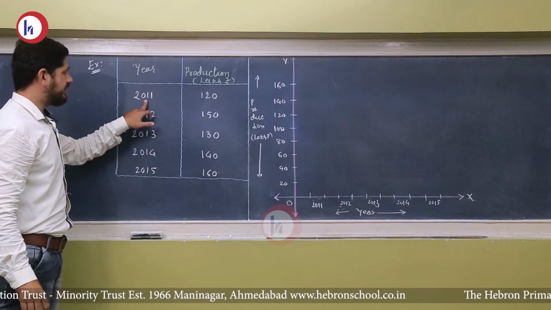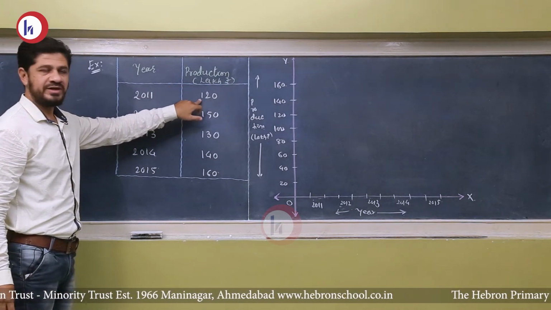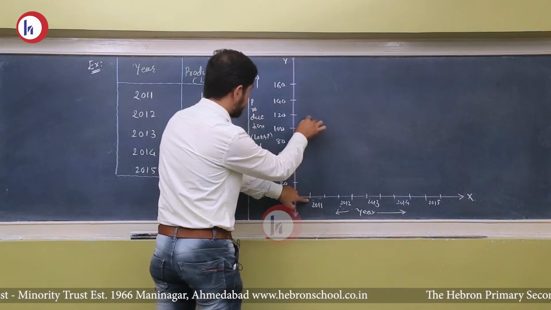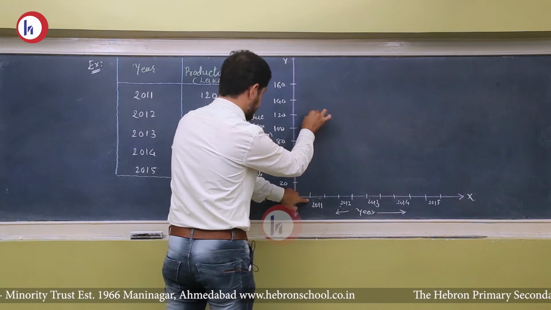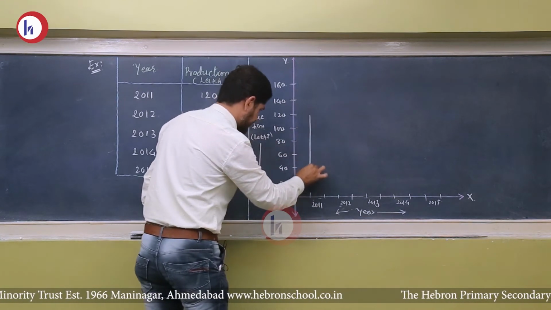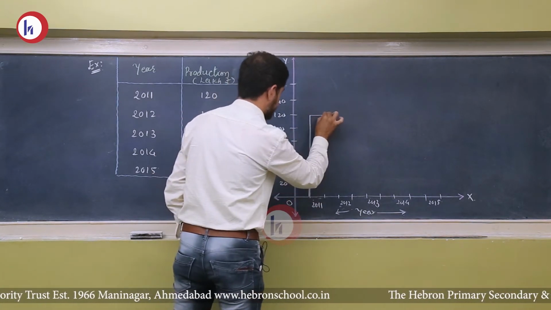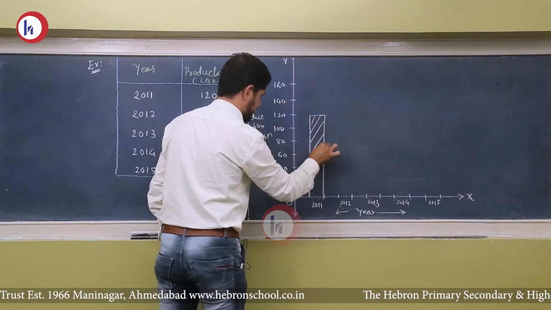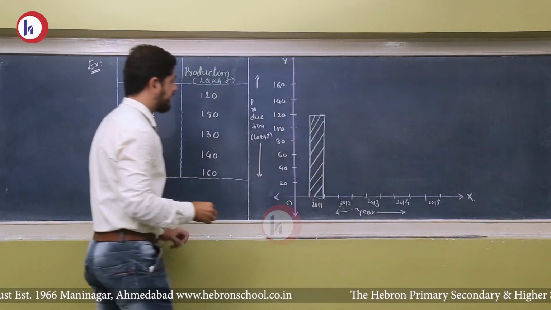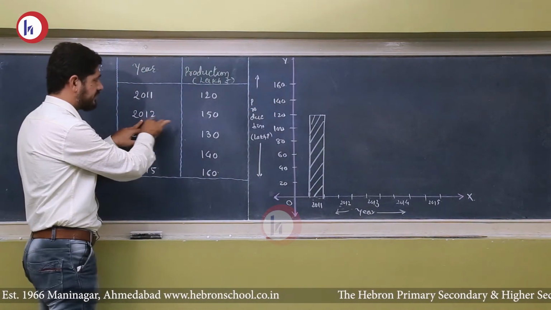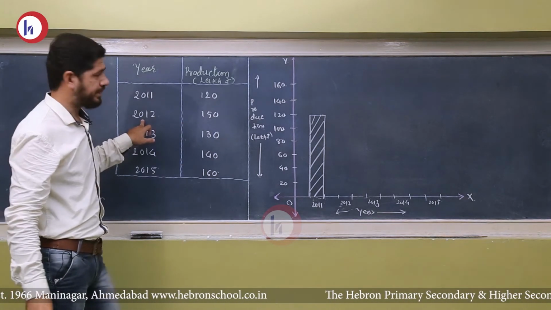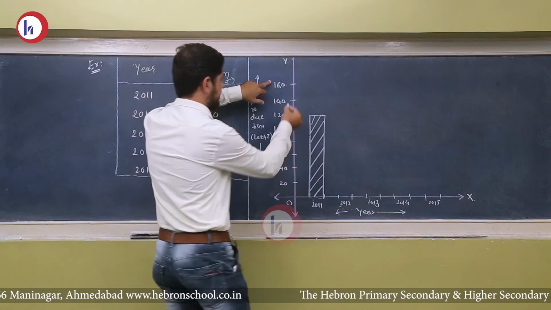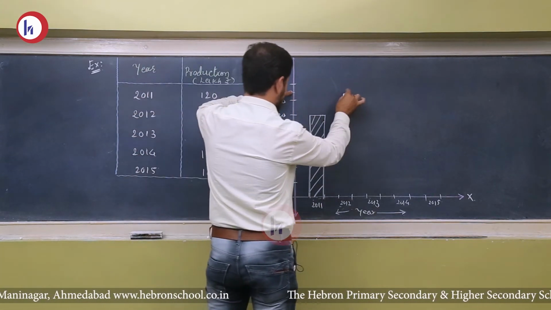Now in 2011 the production is 120 lakh. In 2012 the production is 150, that lies between 140 and 160 here.